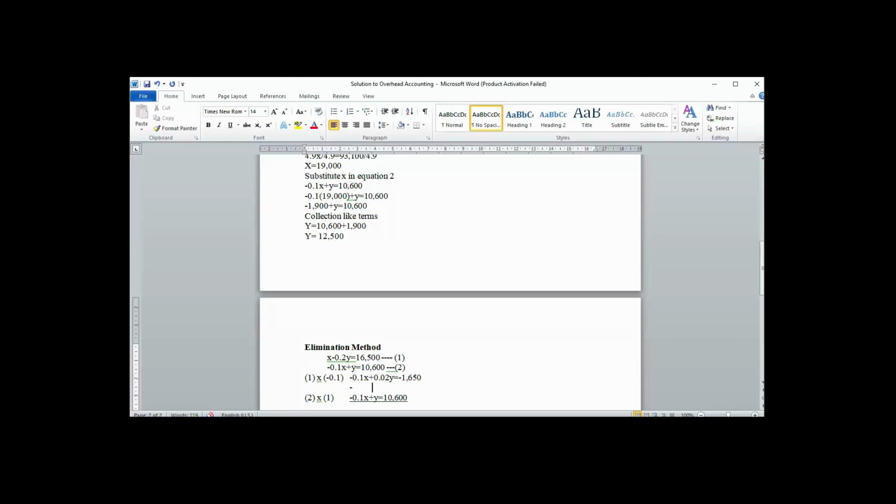The same negative will be introduced here. Here also, you introduce another negative. Is that clear? That is how we kill this one. We call it manipulation. You manipulated it.